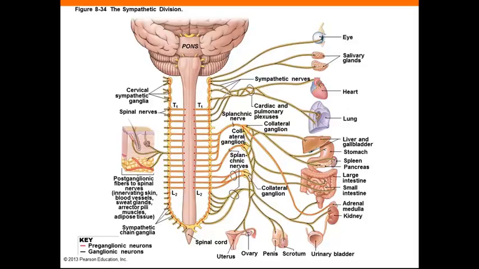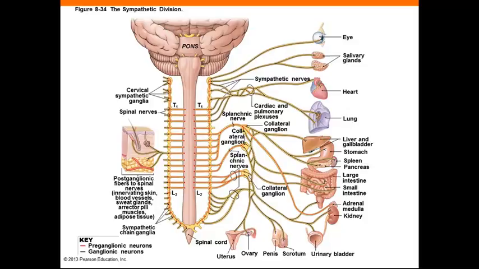So this is looking at the sympathetic division. And from spinal segments T1 to L2, sympathetic preganglionic fibers are going to join the ventral root of each spinal nerve. All of these fibers then exit the spinal nerve to enter the sympathetic chain ganglia. The collateral ganglia are unpaired ganglia that receive splanchnic nerves from the lower thoracic and the upper lumbar segments.